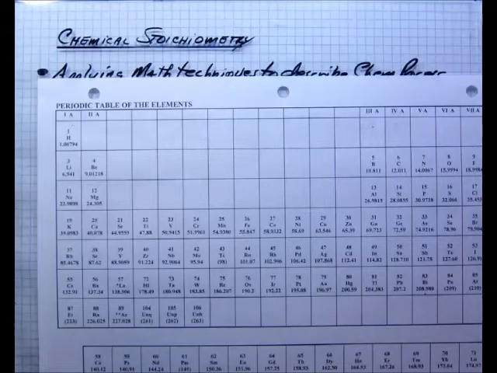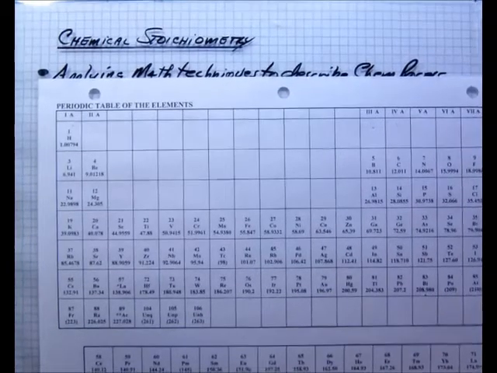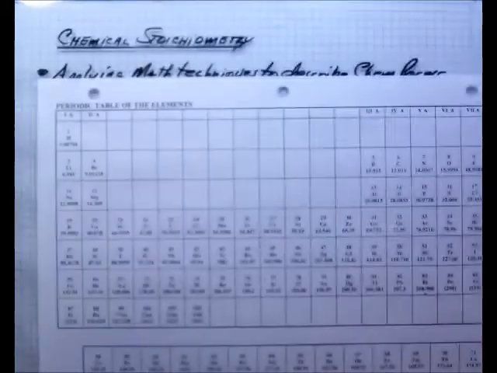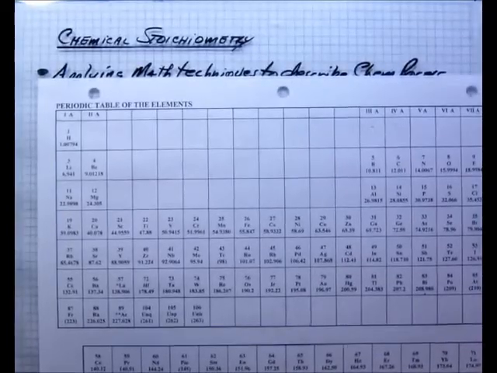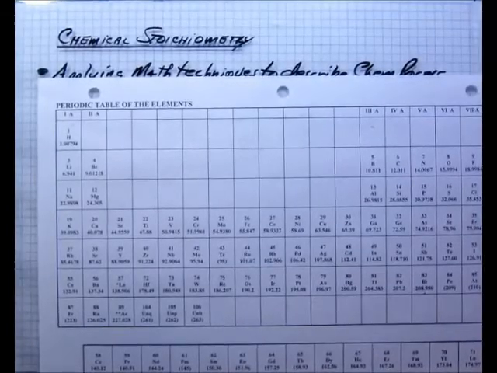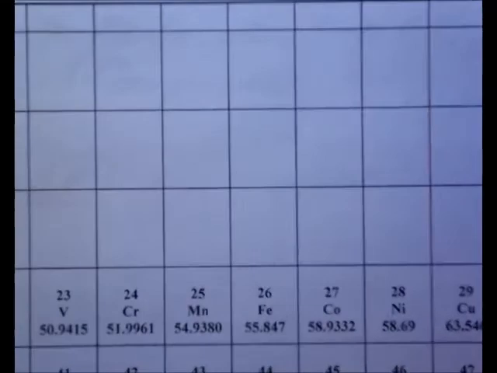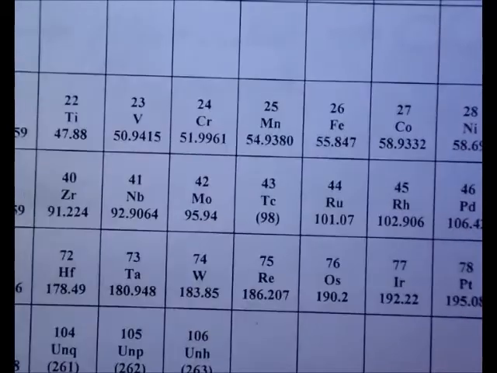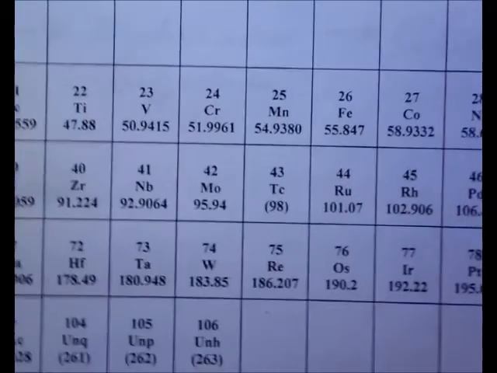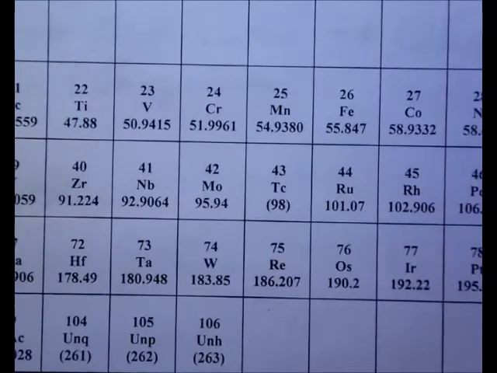Also, in the use of these numbers, let's see if I can get a bigger spread here. There we go. You will see the accuracy, the precision of the numbers, goes out in some cases 4 digits to the right of the decimal.